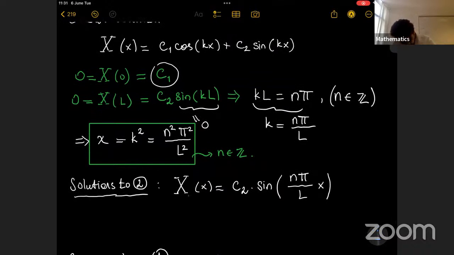So let's put here n, okay? We have many solutions like this for any n, like 1, 2, 3, and so on.